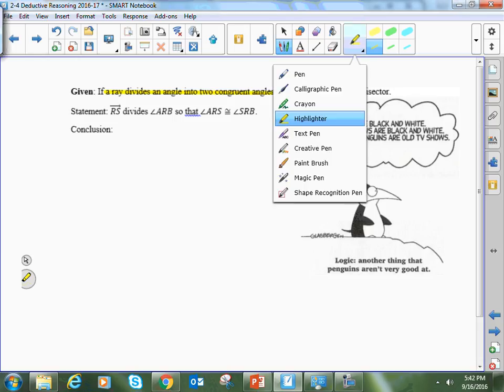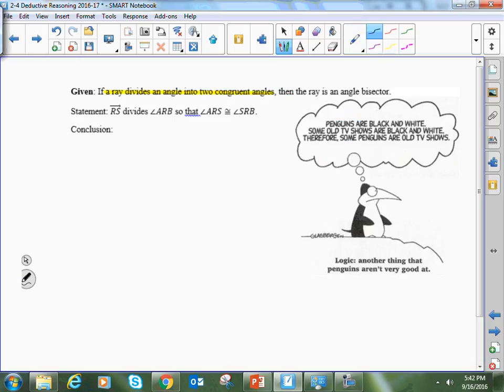And what we're seeing here is that we have a ray dividing an angle into two congruent angles. So even though one is using more English prose to say it, and another one is using more geometry symbols to say it, they're still talking about the same thing.